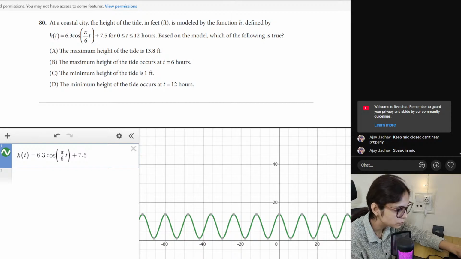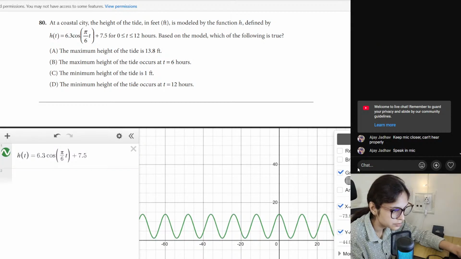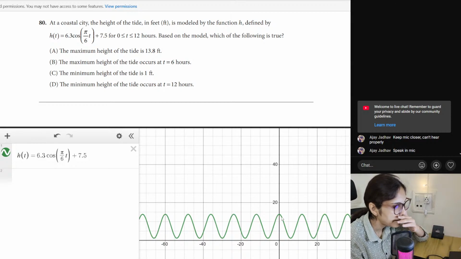And the only thing we will do is check that it is in radians. So you always have to check the mode, it should be in radians. And now you're going from 0 to 12.